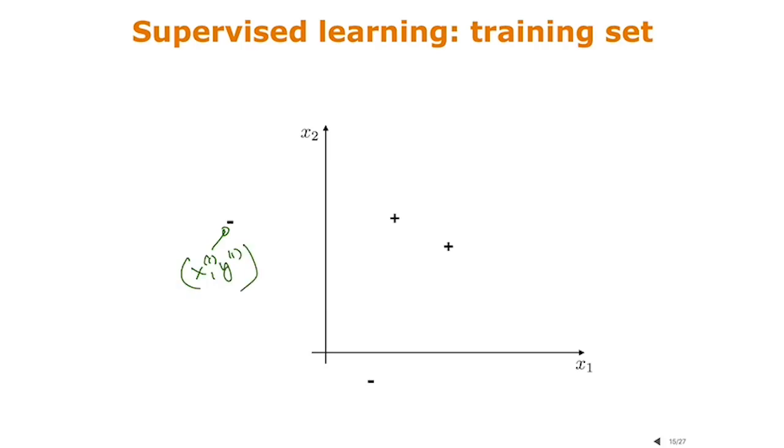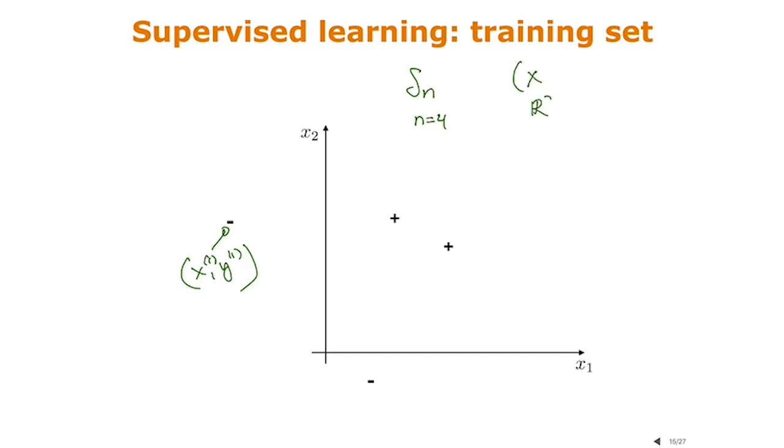This pair is one training example. Okay? The training set as a whole is now a set. We will denote it as S, subscript N. Here N is 4. We have 4 training examples. It is a collection of pairs of those vectors.